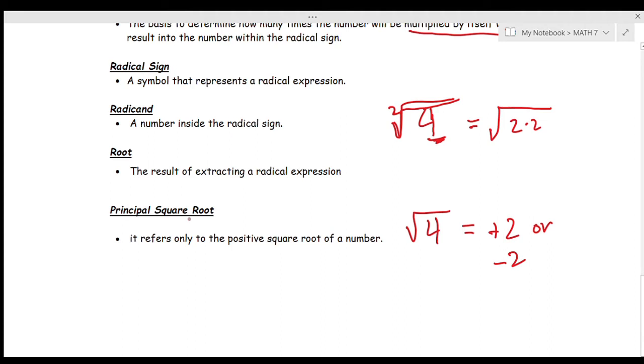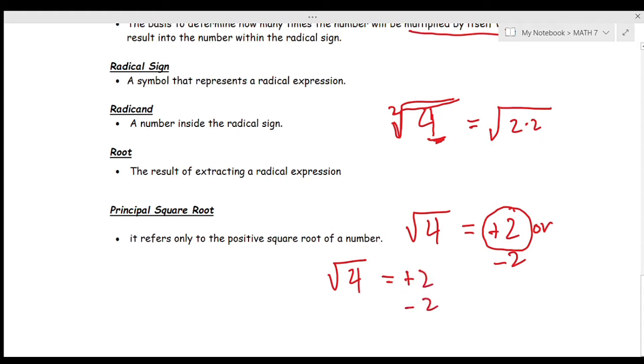Meaning to say, the principal square root of 4 is only this positive 2. And if we're talking about the square root, the square root of 4 is positive 2 and negative 2, because dealing with the square root of a number, we have these two results, the positive 2 or the negative 2.